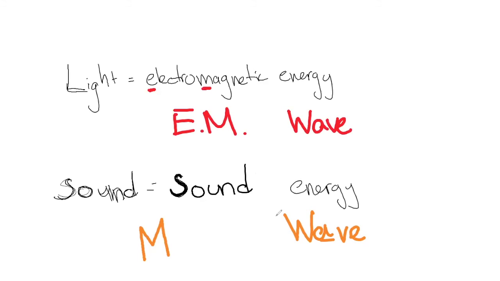Now, when you have something that is vibrating back and forth, like a guitar string or like the mechanical speakers in your computer, then we can kind of noodle out what kind of wave sound energy is carried on. Grace? A magnetic wave? Good guess. I think Rebecca's got it. It's a mechanical wave.